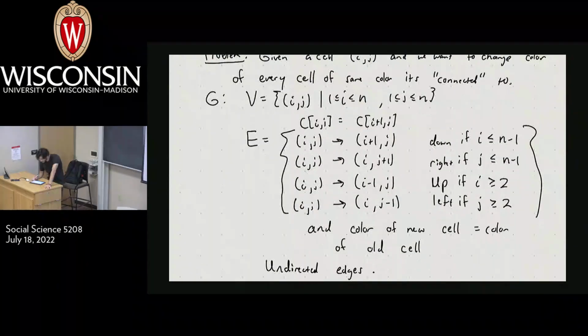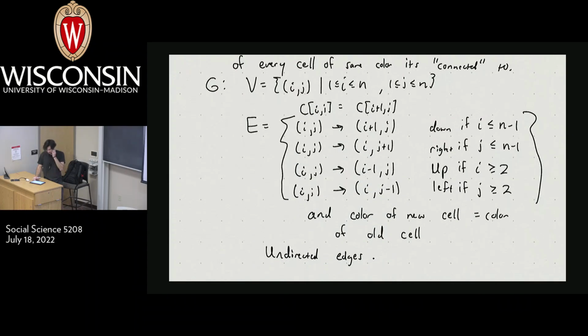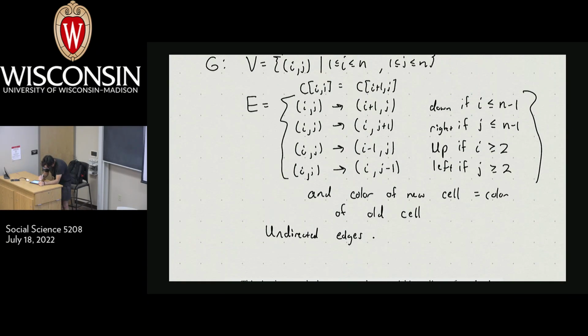If you started at cell ij, you can make down moves, right moves, etc. So if you ran a search from that node, you would mark exactly all of the green nodes, because you can reach them by moving down, up, etc. So the problem we actually want to solve is finding connected components in our new graph G.